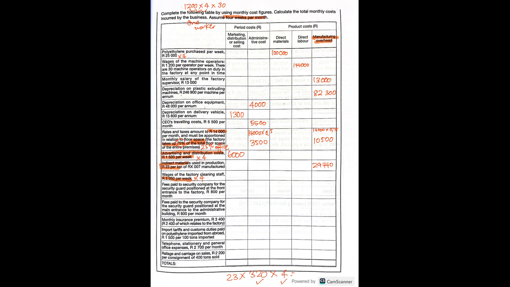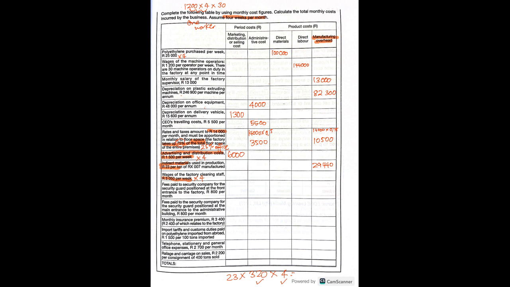The wages of the factory cleaning staff would be manufacturing overheads, under indirect labor. So you'll write 3050 times 4 here as well. That is a manufacturing overhead cost because your wages of your indirect labor fall into this category.